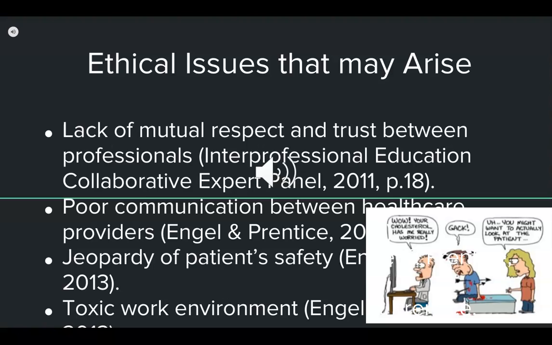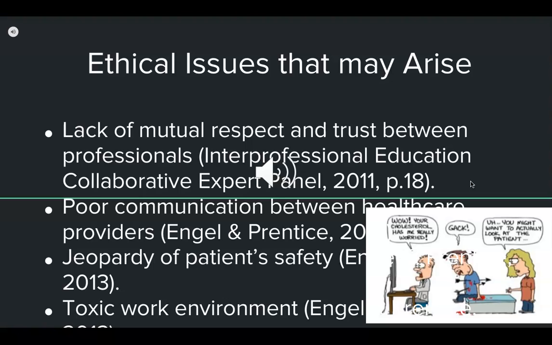This slide talks about some of the ethical issues that may arise during interprofessional collaboration. One of the issues is lack of mutual respect and trust between professionals, and this was found in the Interprofessional Education Collaborative Expert Panel of 2011.